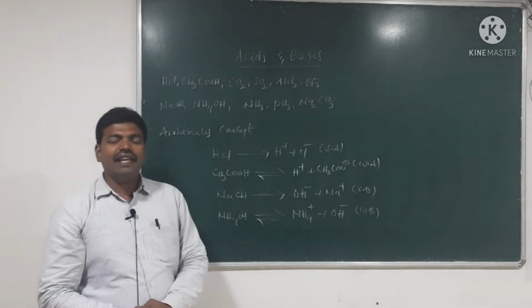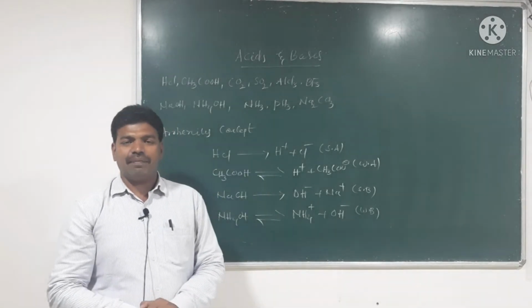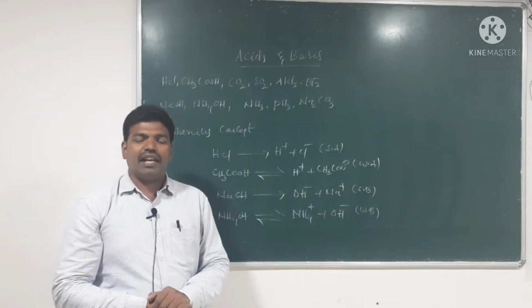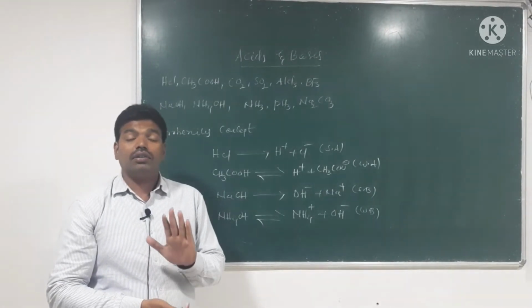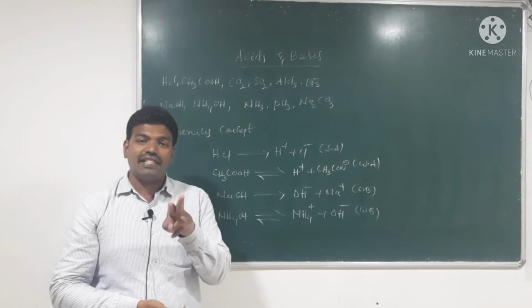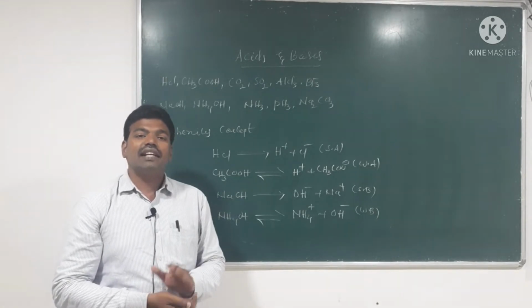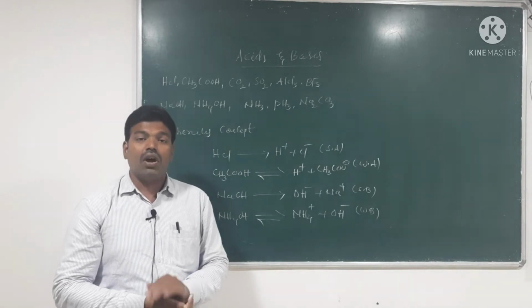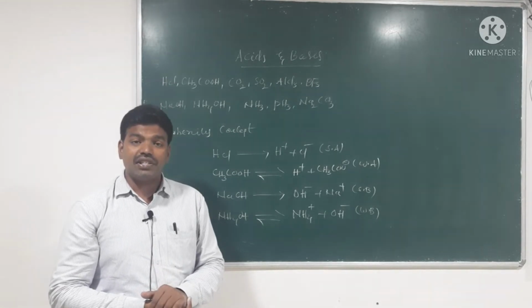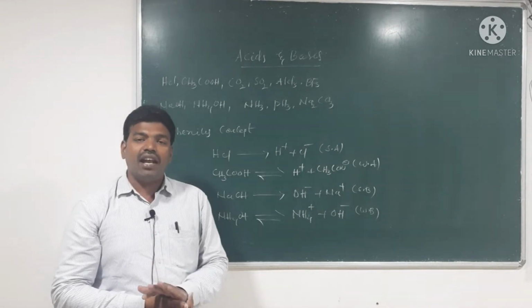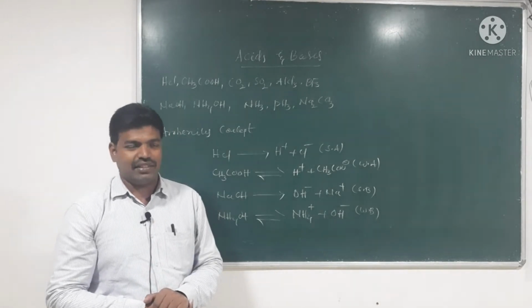Okay, and Arrhenius extended his theory. The reaction between acids and bases is called a neutralization reaction. That is, neutralization reactions are the reactions between H plus ions and OH minus ions.